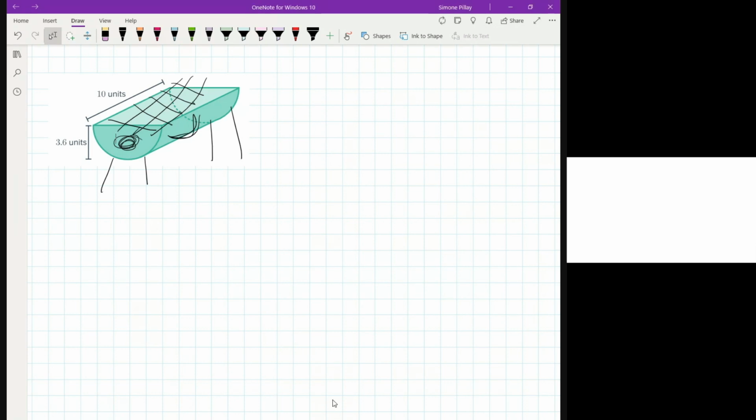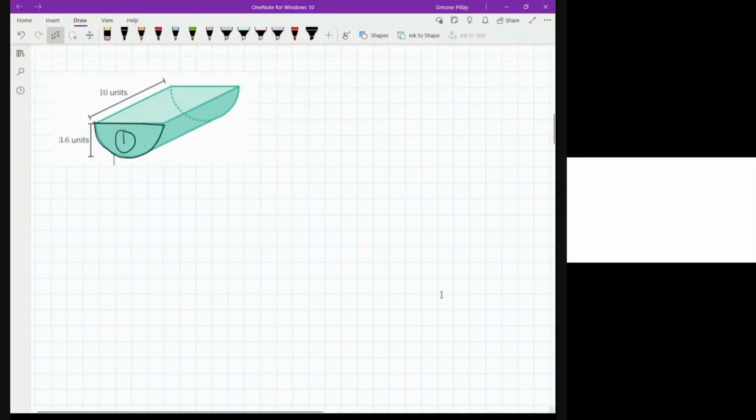Moving on. Okay. Now that we've got that out of the way, let's calculate. How do I calculate the area of half of a circle? If this is face number 1, I want to calculate the area of half of a circle. How do we calculate the area of half of a circle? Yes, Imihle.